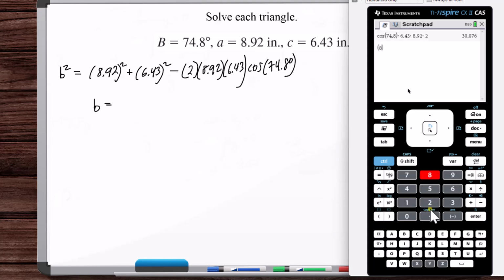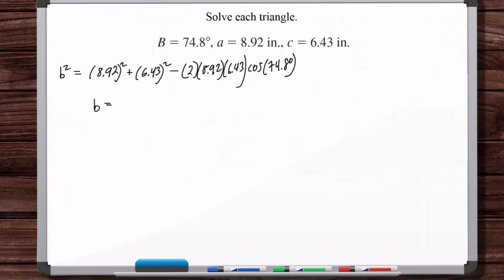Okay, and then 8.92 squared plus 6.43 squared minus this. Now take the square root of that, and you've got 9.53 inches.